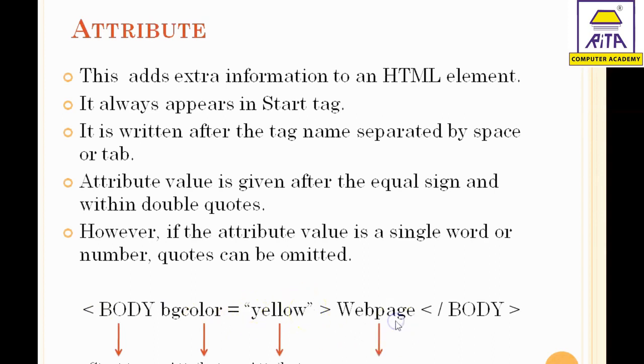Then "web page", it is the content. That means this text, web page, will be displayed in your web browser. And the last one is the end tag. See, the attribute bgcolor appears in the starting tag, not in the closing tag. So you just simply close the tag, but you do not need to close the attribute. It only appears in the body tag.